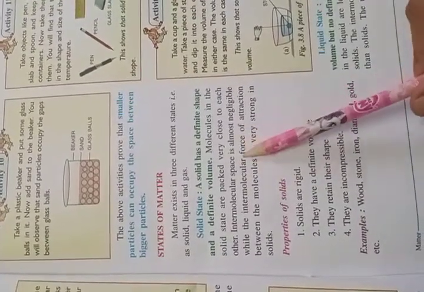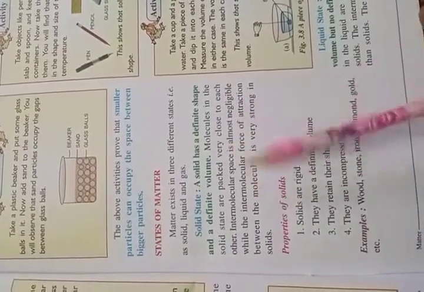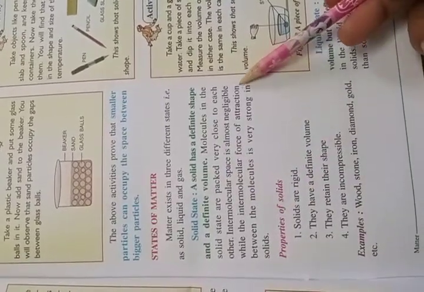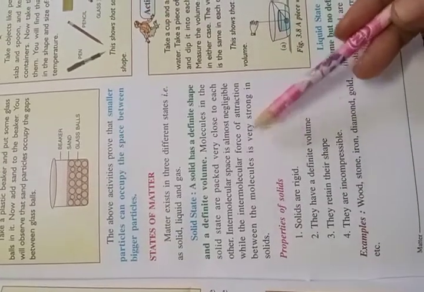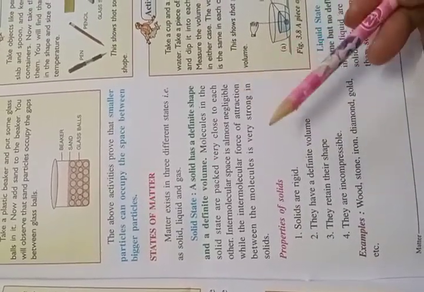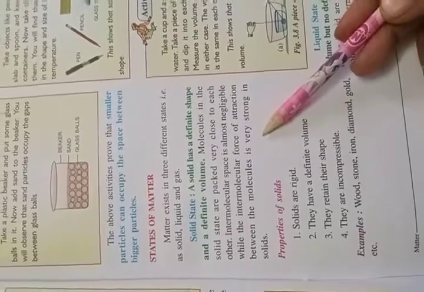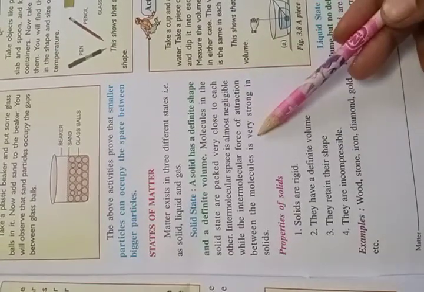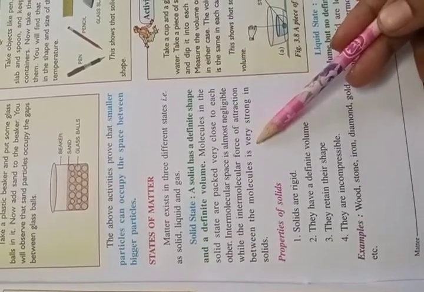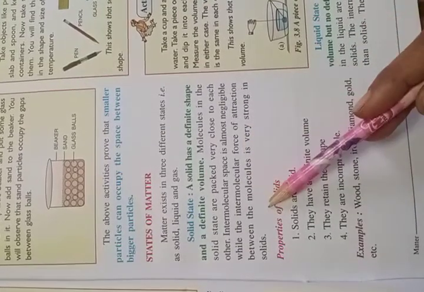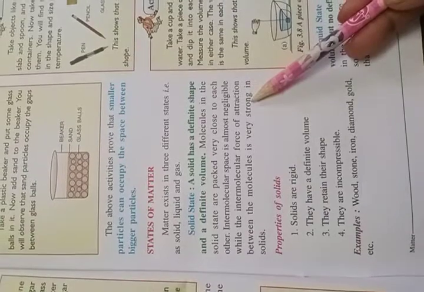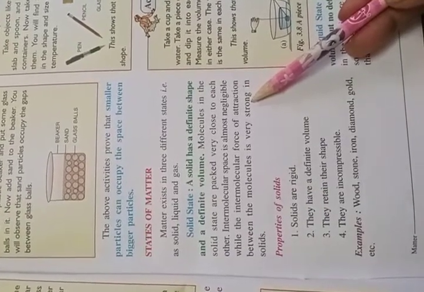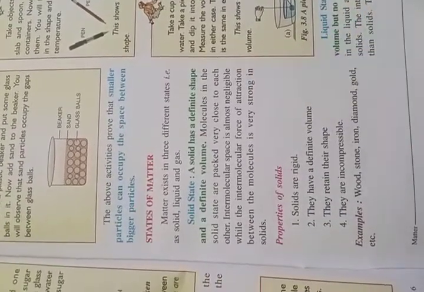In the solid state it is negligible, meaning very little. Because of that, the intermolecular force of attraction is also strong. If intermolecular space is small, then the intermolecular force of attraction between the molecules is very strong.